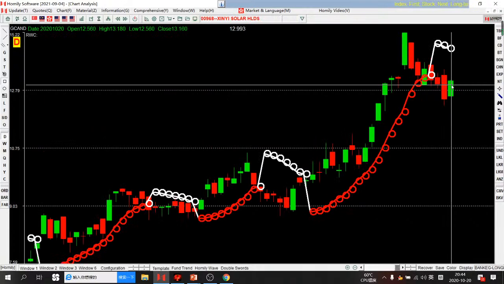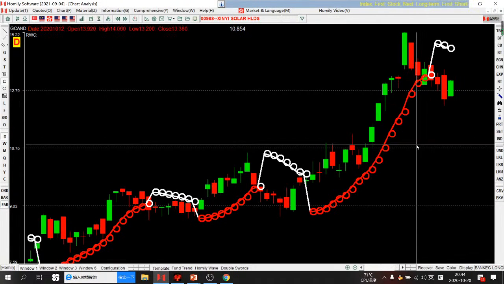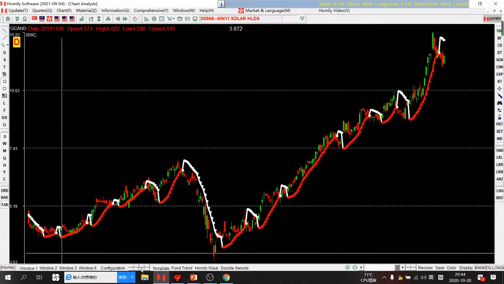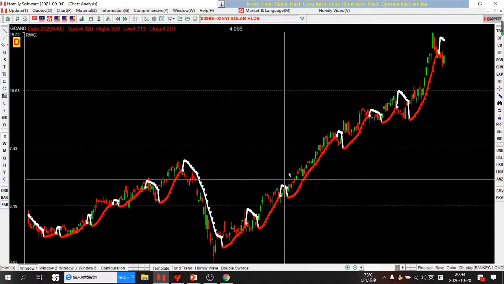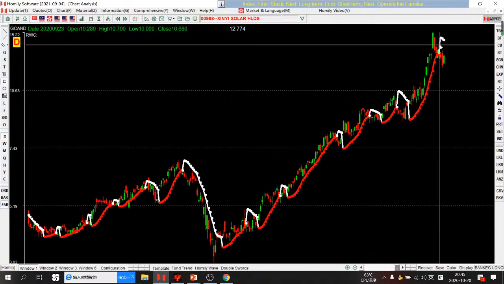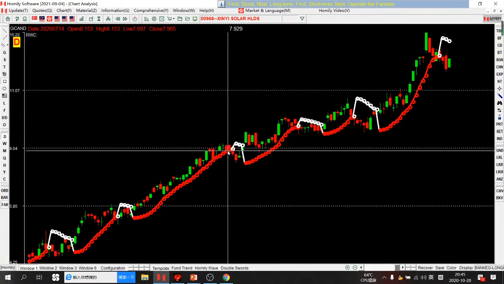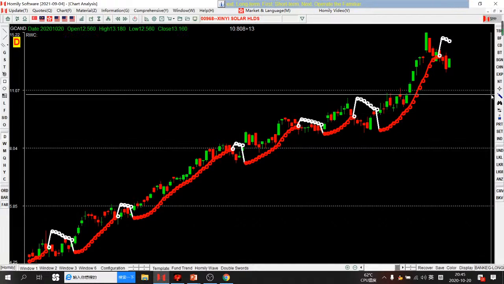Xingyi Solar. Xingyi Solar is a Hong Kong share, and we know the solar energy related stocks are doing very well this year. Xingyi Solar Holdings, in fact, moves up very well. Generally, it is in red circle, right? So when it is a red circle, then you can hold.